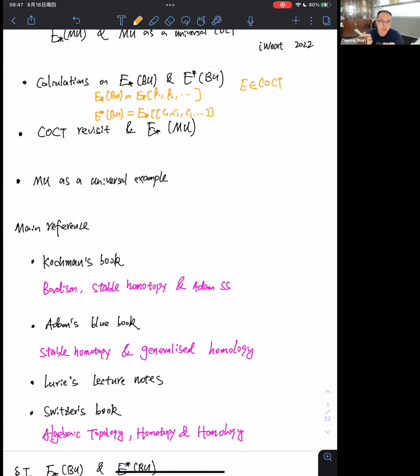Then based on this equivalence, I will show that the generalized E homology of MU is isomorphic to the E homology of BU when E is complex-oriented. That is, E star of MU is isomorphic to E star on B1, B2, and so on, also infinitely many generators. In the last part, I will use this calculation result to explain why the complex co-Bordism spectrum MU is a universal complex-oriented co-homology theory.